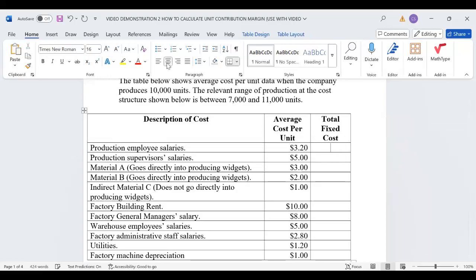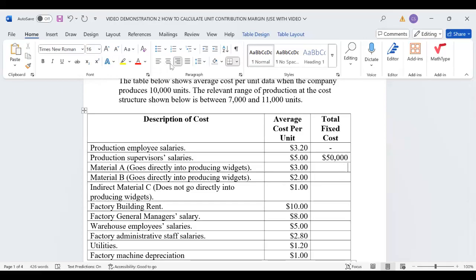It's always going to be $3.20. However, production supervisor's salary is going to be a fixed cost. So if it costs $5 a unit when we make 10,000 units, the total fixed cost of production supervisor's salary is $50,000.